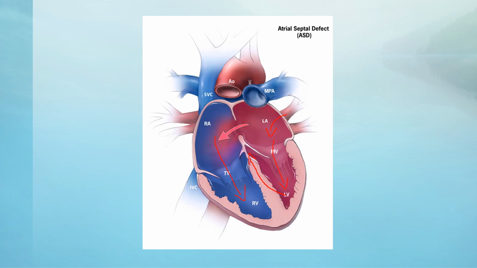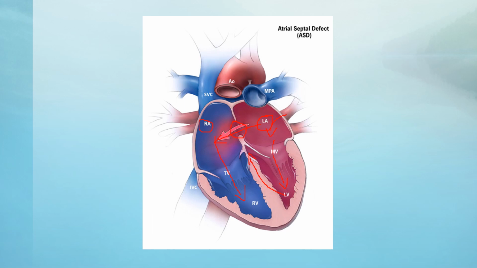After purification, the oxygenated blood is taken back by the pulmonary veins and drained into the left atrium. After reaching the left atrium, what happens? Since the left atrial pressure is high compared to the right atrial pressure and there is a hole in the septum, there occurs shunting of blood. The blood drains from the left atrium into the right atrium.